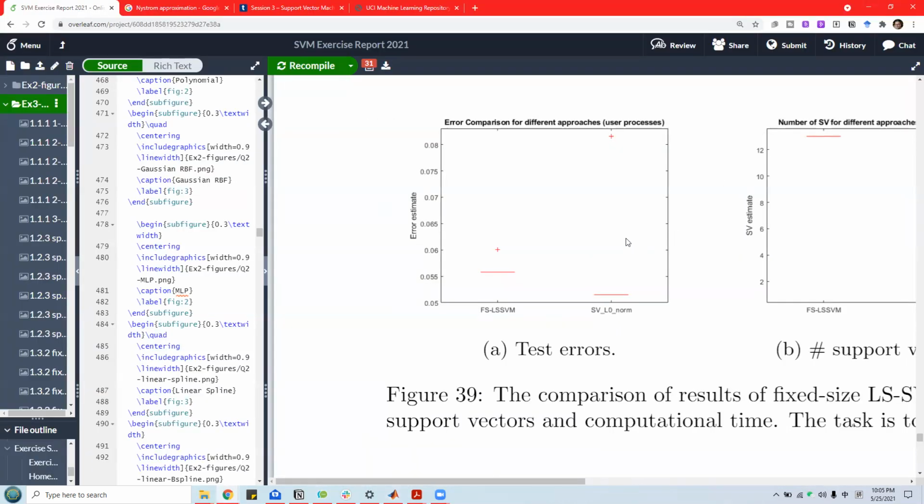Really? For me, the L0 norm had higher error. Anyone else get the opposite? I also guess the error estimate is higher in SVL0.